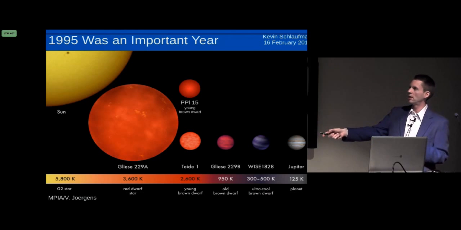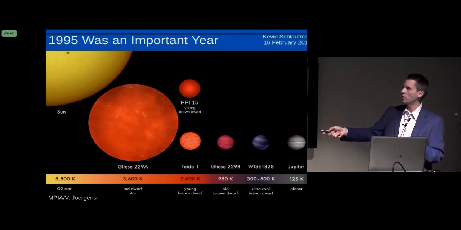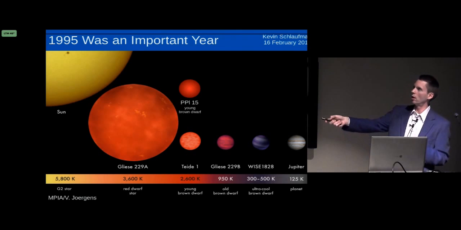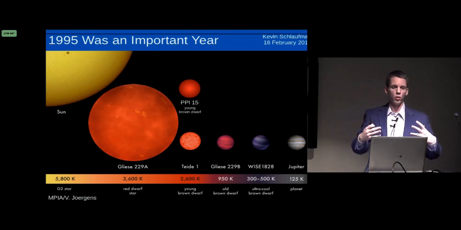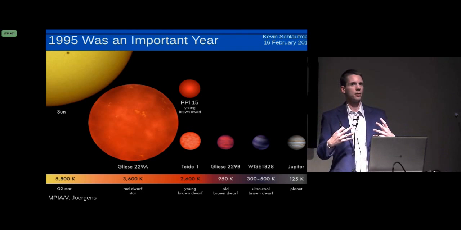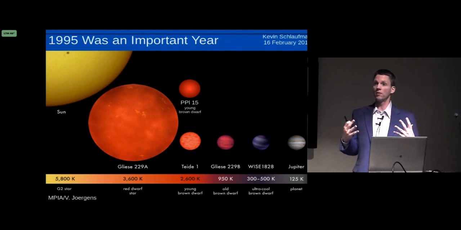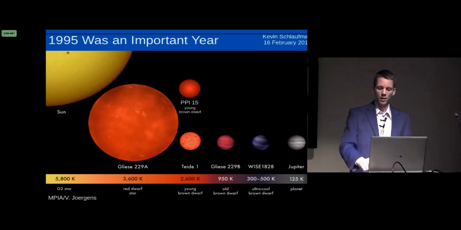These were Teide 1 and an object called PPL-15, both in the Pleiades, a nearby star cluster, and also an object called Gliese 229b in orbit around the low-mass star called Gliese 229. So these discoveries were the first observational evidence for this theoretically predicted class of objects that had been suspected to exist for 30 years.